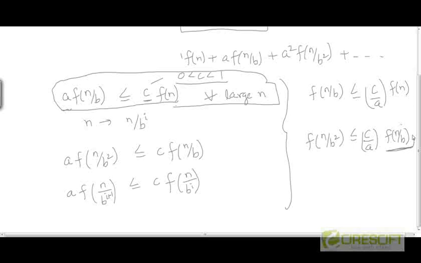So if we substitute c by a times f of n in place of f of n by b, we are going to get something that is even larger. So let's do that. And what we get is f of n by b square is less than or equal to c by a squared times f of n.